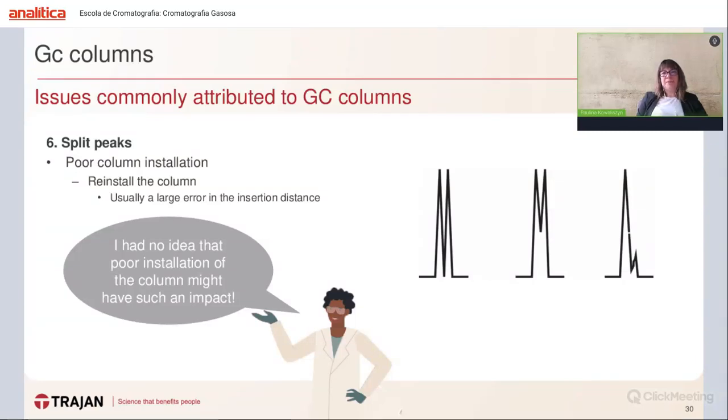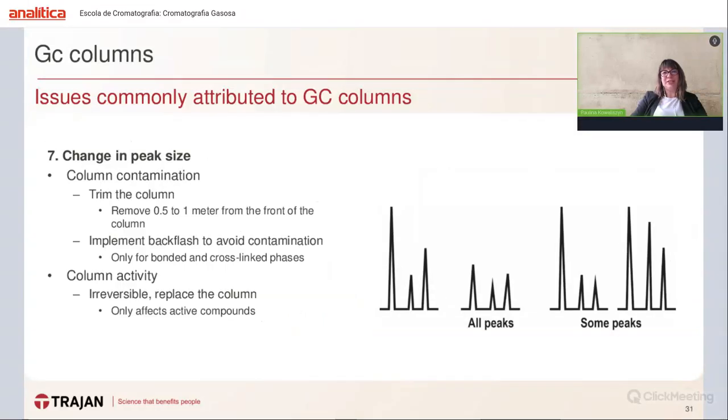It is caused by improper insertion distance, either in the injection port or the detector. So here you can see how many times I've mentioned that the correct positioning of the column is important, and how many problems can arise when it's not done properly.